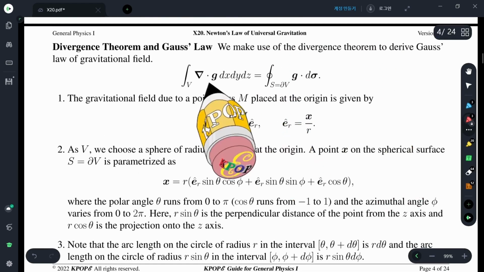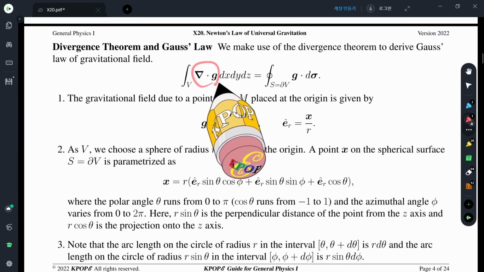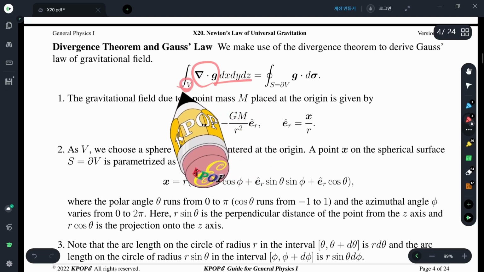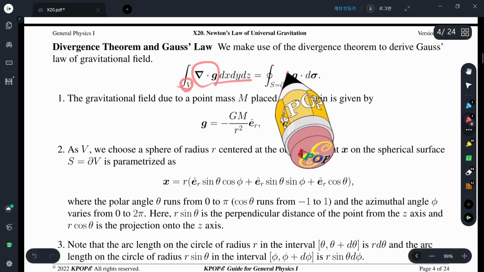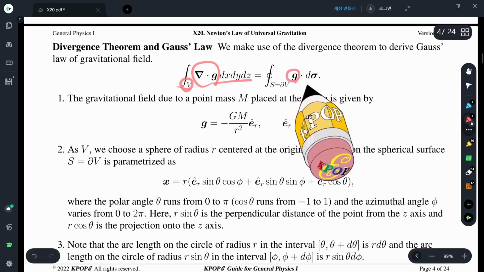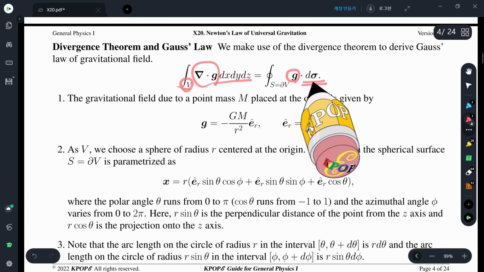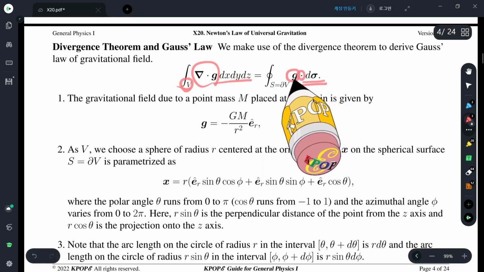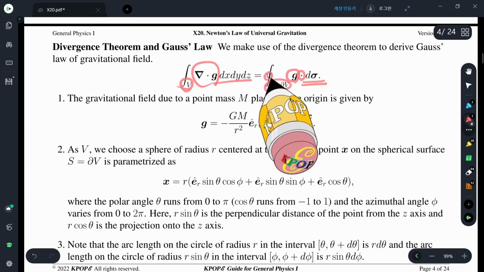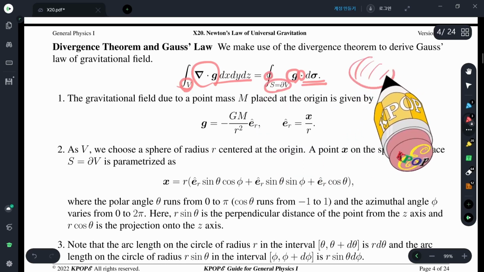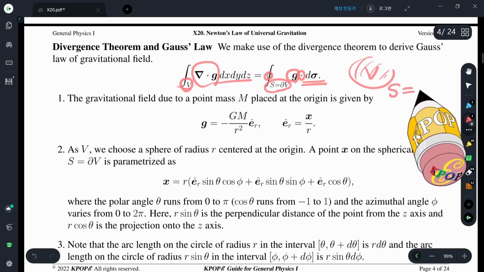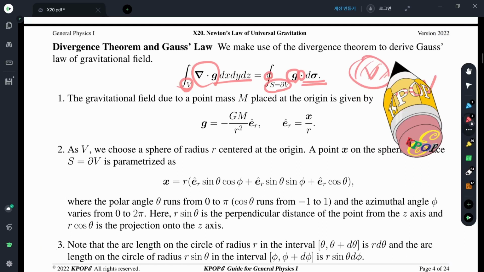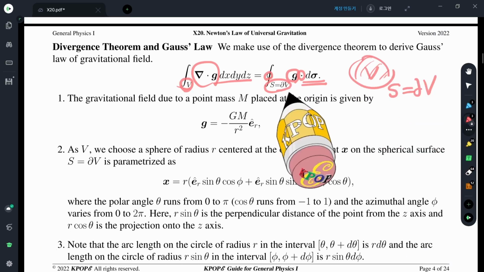The divergence theorem shows the volume integral of the divergence over a space V is always expressed as the gravitational field multiplied by the infinitesimal vector area element, as a scalar product over this closed surface that encloses the whole volume V. So this surface is the boundary of this volume V. Therefore, we can evaluate this integral on the surface.